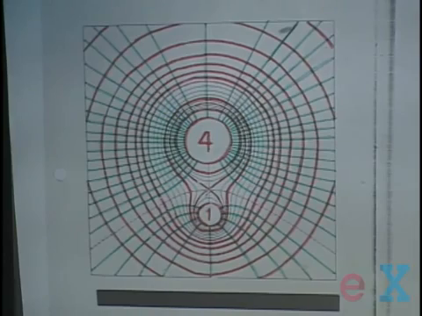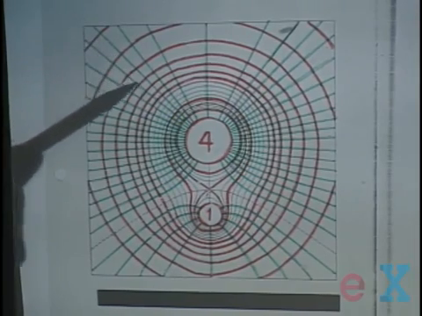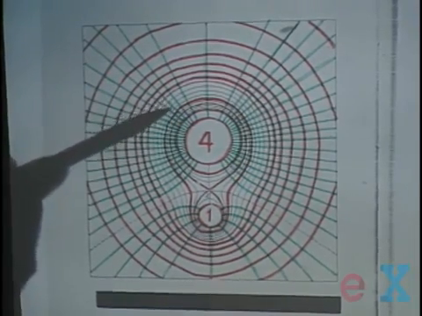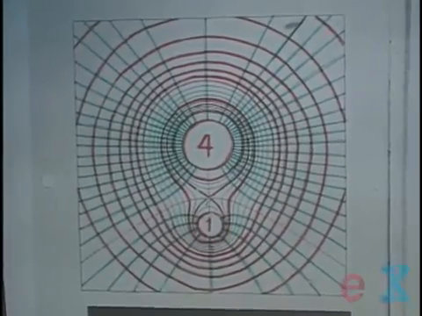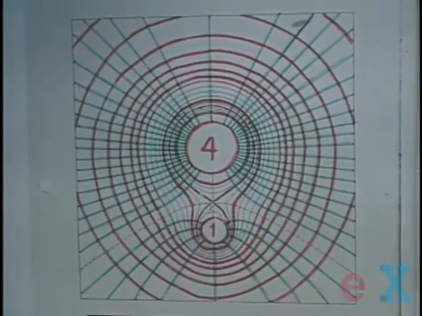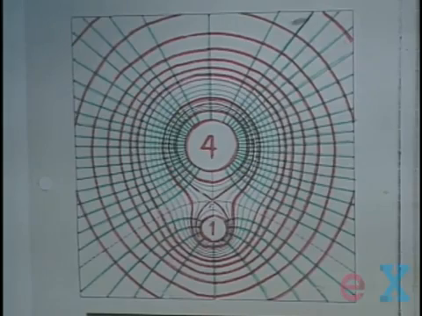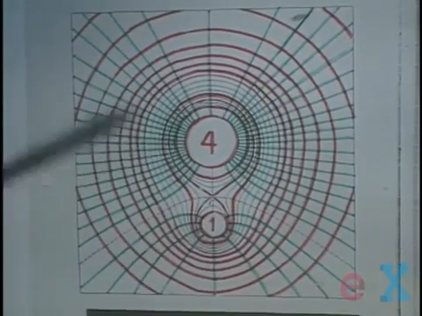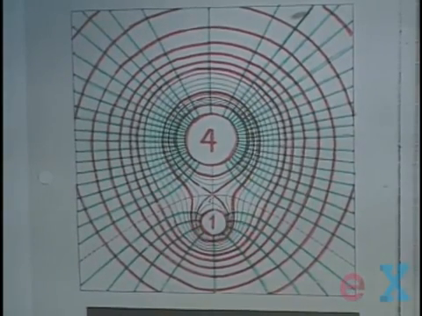I have not drawn all the equipotential surfaces in red because they become too cluttered here. But I've tried to put most of them in red. Since this charge is positive and that charge is positive, everywhere in space, no matter where you are, the potential has to be positive. There is not a single point where it could be negative.